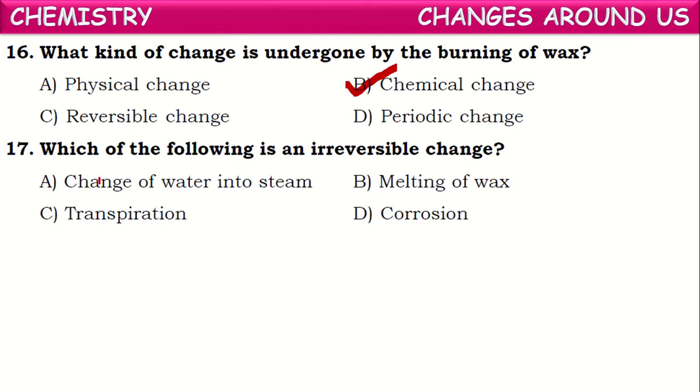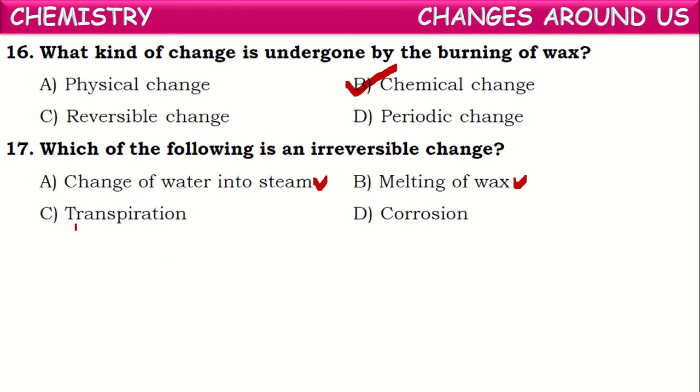Can we get back the water from the steam? Yes, we can get back. So it is a reversible change. Now, if you see melting of wax, if we melt wax, we get molten or liquid form of wax. Again, by cooling, we will get back the solid wax. So it is also a reversible change.